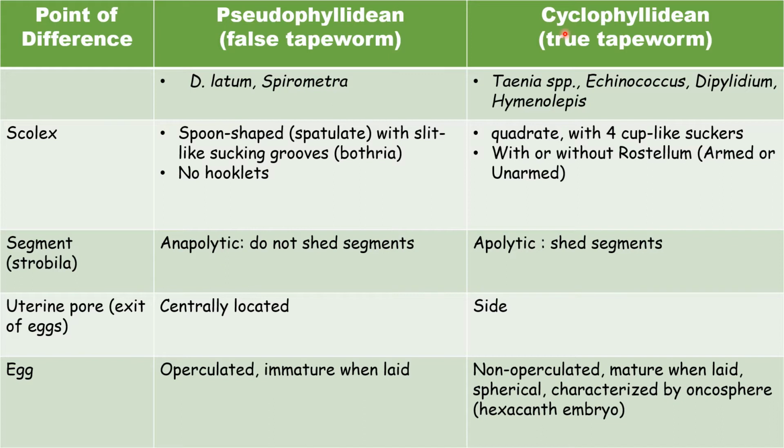Okay? So what is meant by hexacanth embryo? It is spherical and has 3 pairs of hooklets. So it is small and round, guys. Inside, later on I have a picture, there is the presence of 3 pairs of hooklets. So all in all, we have 6 hooklets present. Okay?